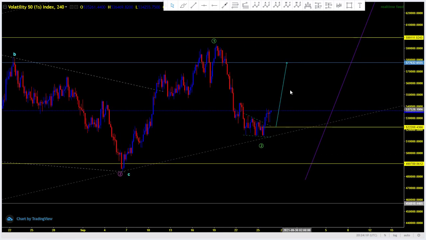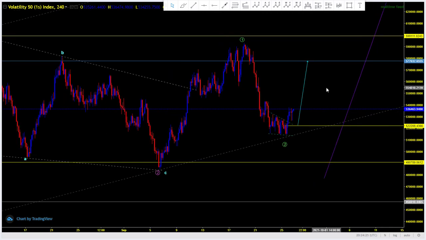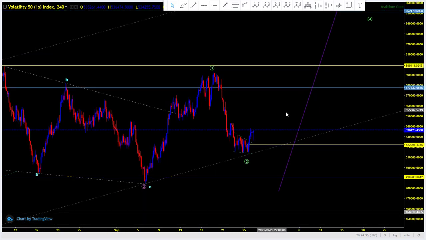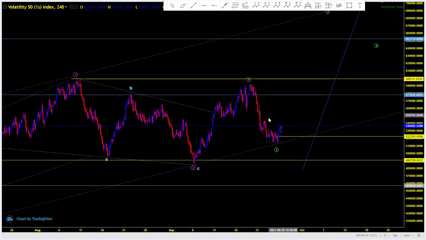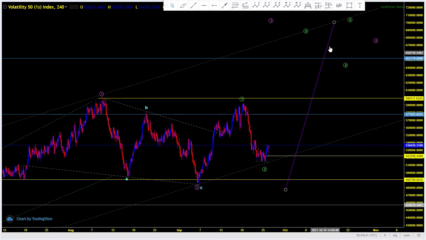So what are we expecting? Already I've told you we're expecting to be buying this. Let's buy V50s. We'll be buying this trade for this week. So this is what we are expecting on V50s. Don't be left out on these big moves. This is a big move.